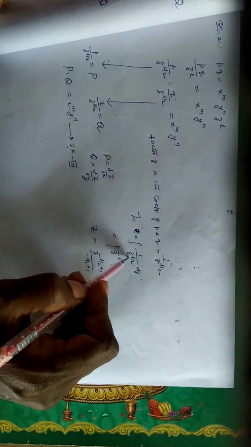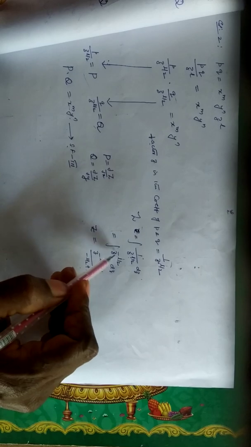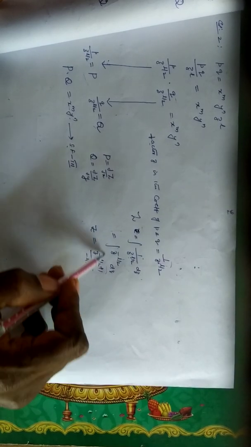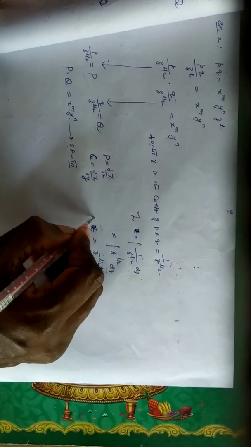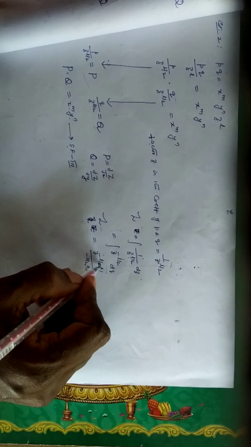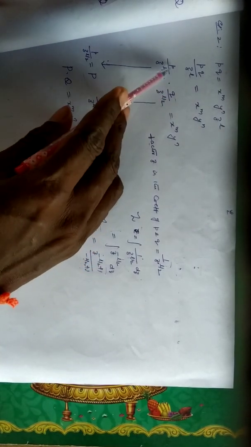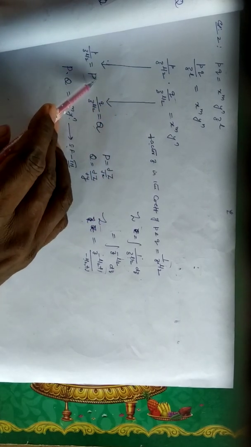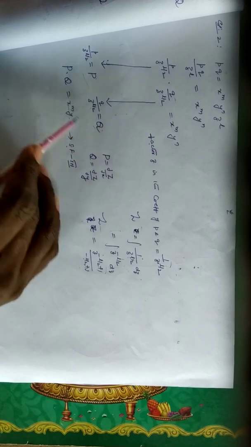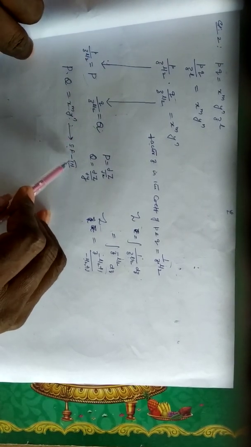Integral of 1 by z power l by 2: we take z power l by 2 to the numerator, z power minus l by 2. We use the x power n formula, x power n plus 1 by n plus 1, by considering capital Z equal to small z power minus l by 2 plus 1 by minus l by 2 plus 1. We can change p by z power l by 2 equal to capital P, small q by z power l by 2 equal to capital Q. Hence P into Q equal to x power m into y power n, which is in standard form 3.